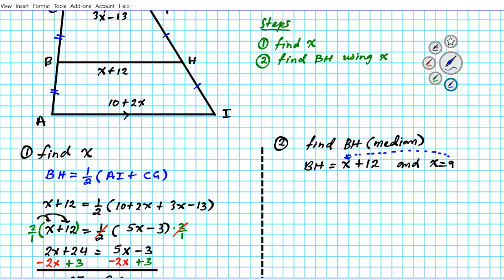Bam. And that will tell us what BH is, all right? So BH is equal to 9 plus 12 upon substitution. 9 plus 12 is 21. All right, so conclusion: the median is 21 units long.